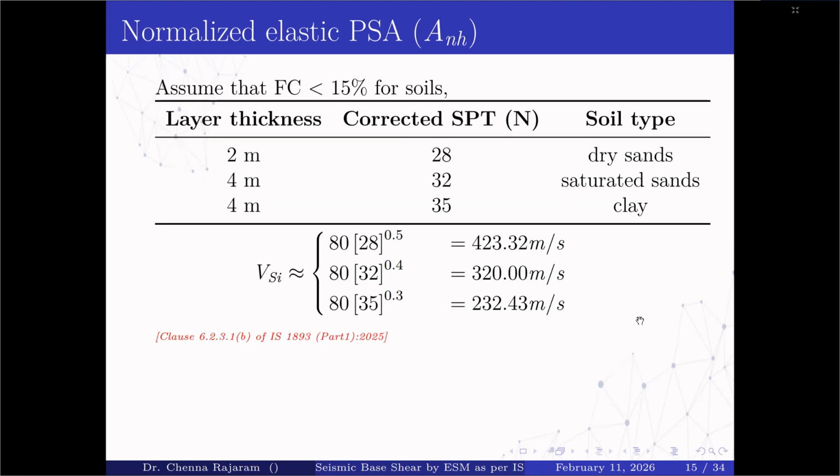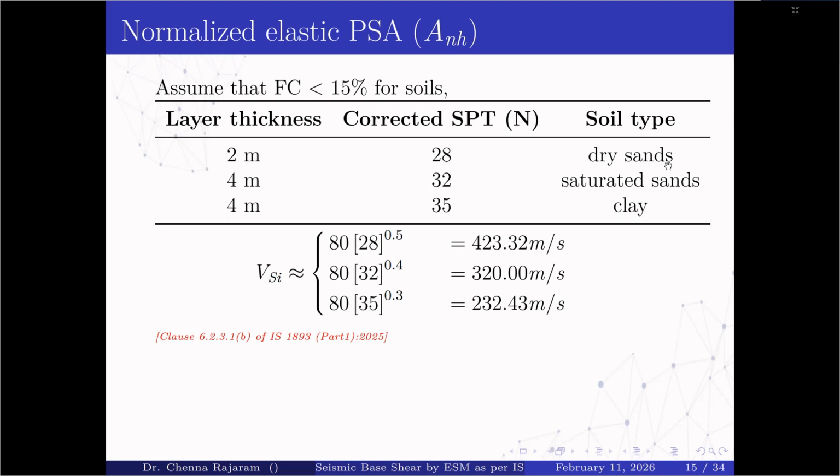Then, in our example, we consider hypothetical data. Assume that the fines content is less than 15% for soils, and the layer thicknesses are 2 meter, 4 meter, and 4 meter. The corrected SPT values are 28 for the 2 meter layer, 32 for the 4 meter layer, and 35 for the last 4 meter layer.